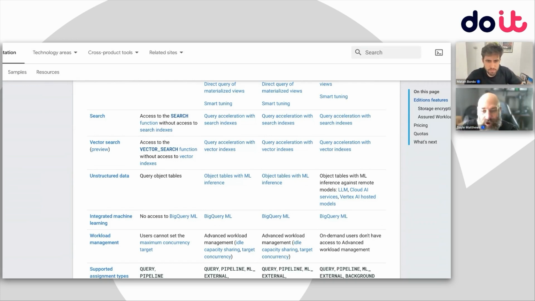If it's a spiky workload, editions is probably going to cost you more money because of some of the nuances with it, and we covered that in there. There's a ton of little ones that are documented and hard to find. But if you have a spiky workload, editions is probably not a good fit for you. On demand is probably better. Of course, you then have to look at how much data you're processing and your costs at that level.